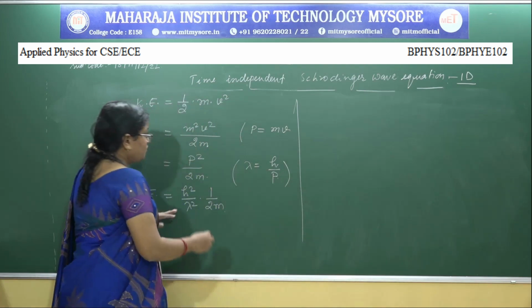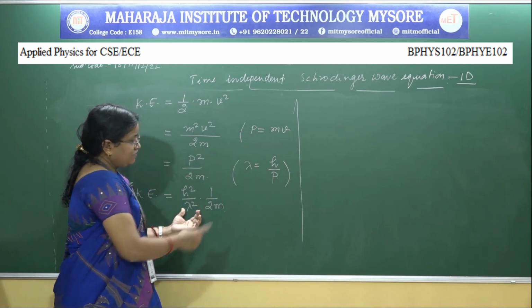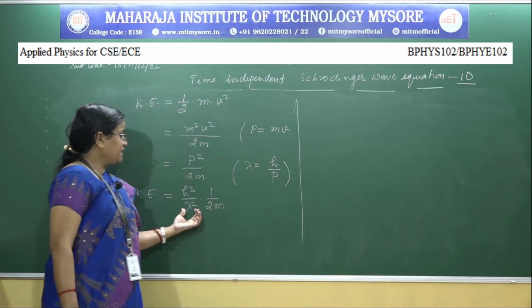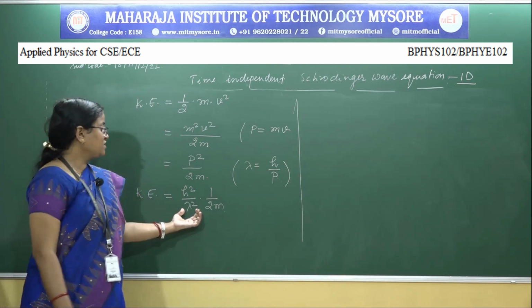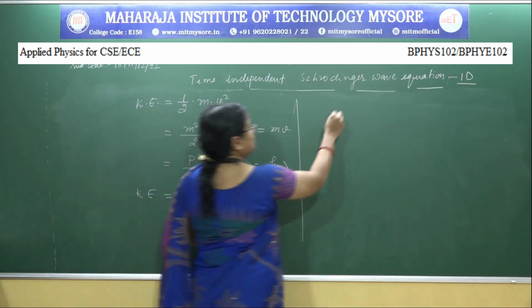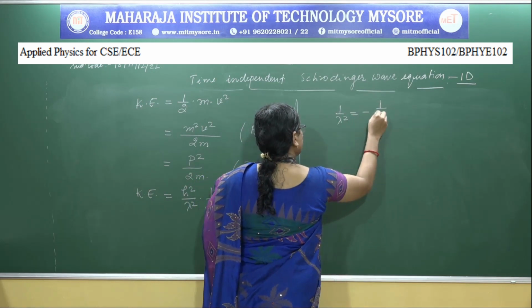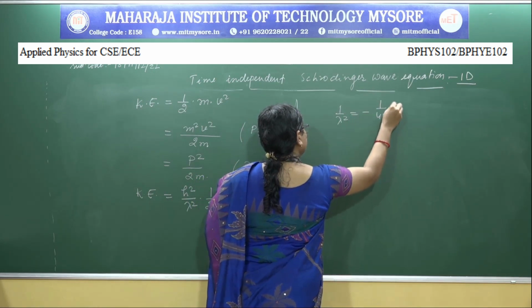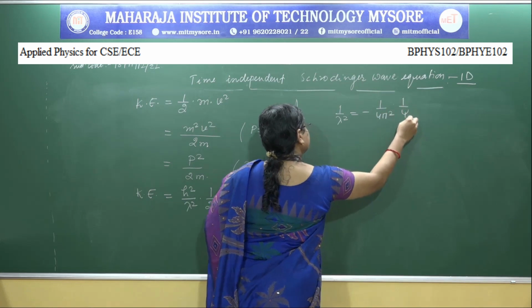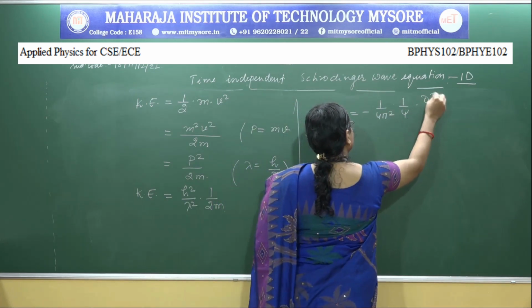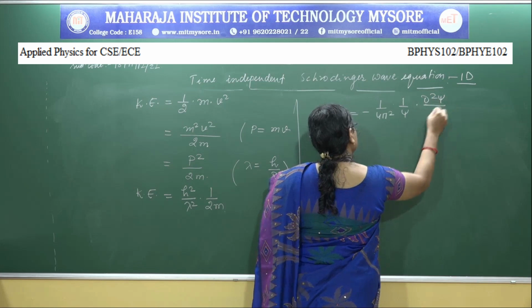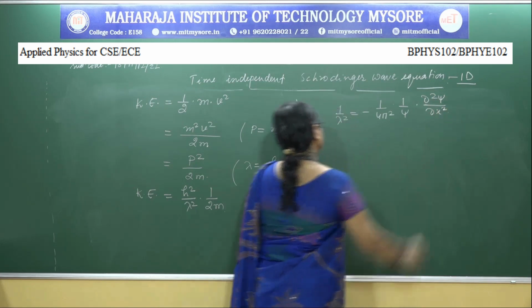We have already derived the lambda equation. What is the lambda equation? 1 by lambda square is equal to minus 1 by 4 pi square into 1 by psi into d2 psi by dx square.